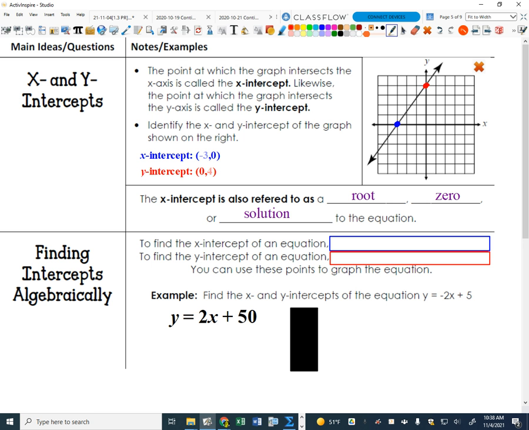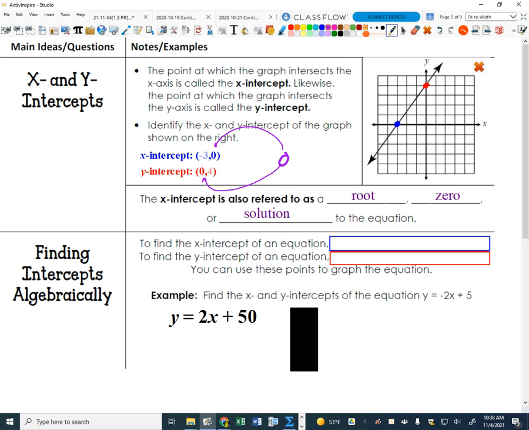What's of obvious importance there to us, maybe? Anybody see that? That's important, right? The x-coordinate of the y-intercept is 0, and the y-coordinate of the x-intercept is 0, right? Everybody get that?